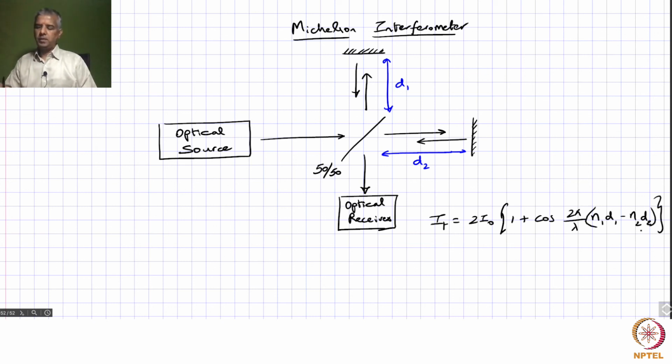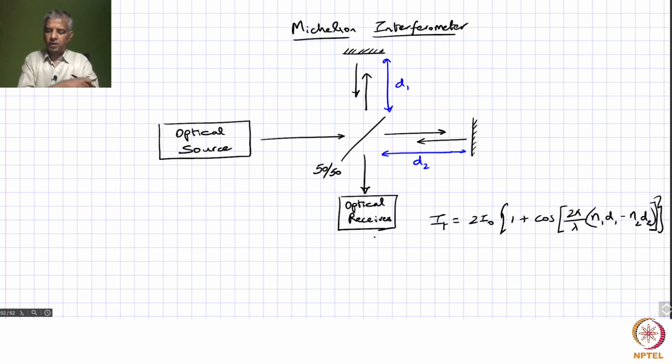Okay, so what we are checking here is the intensity changes due to changes in the optical path length. Even if there is a change in the refractive index, that will give rise to changes in the intensity over here. Okay, so that is the typical output that we expect.